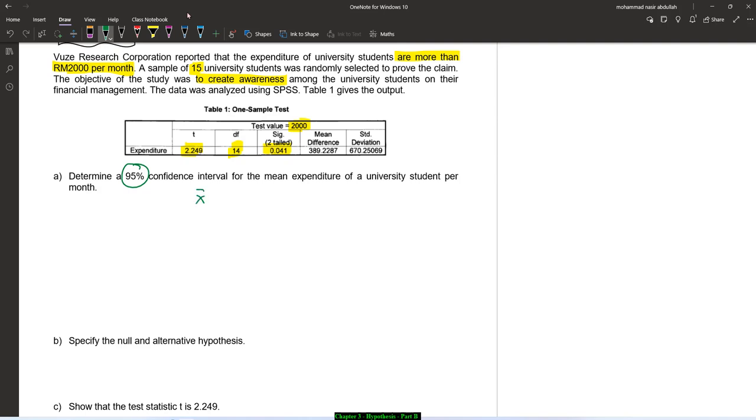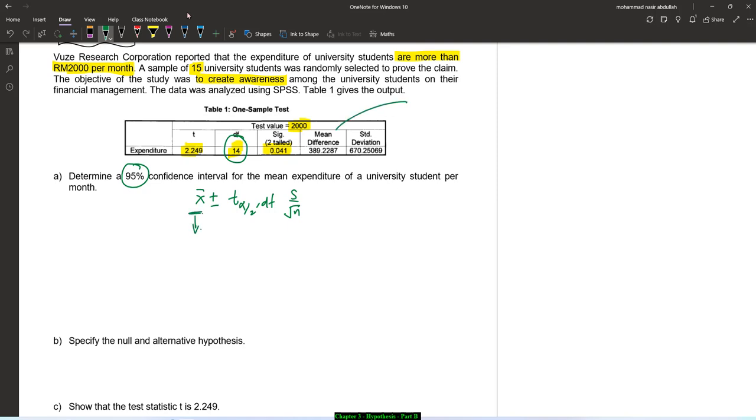So x bar plus minus. Since we don't know the population variance, this is going to be the T distribution since n is less than 30. So t alpha divided by 2 with degree of freedom, times s over square root of n. We don't know the average, right? How do we know the average here?